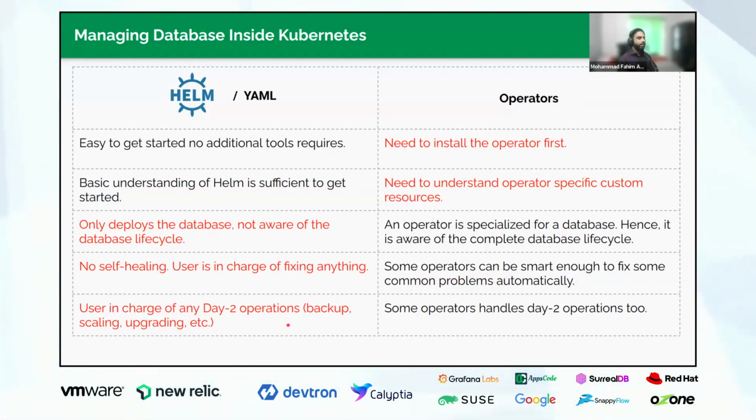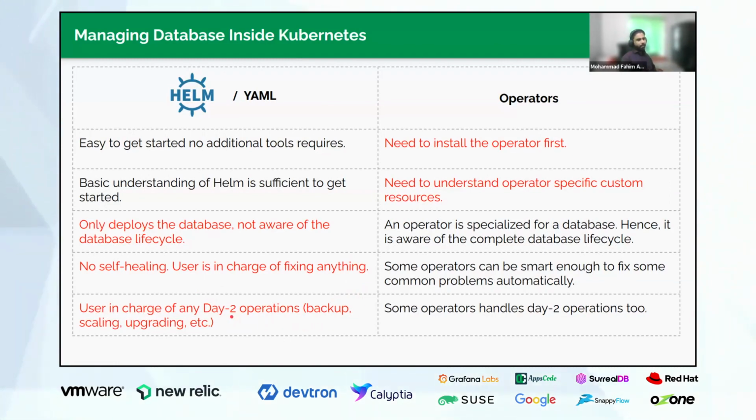Then there are the day two operations, like backing up the database, restoring the database when disaster happens, scaling horizontally, scaling vertically, upgrading the database to a new version. Also, you may want to use a new configuration. You want to reconfigure your TLS setting.